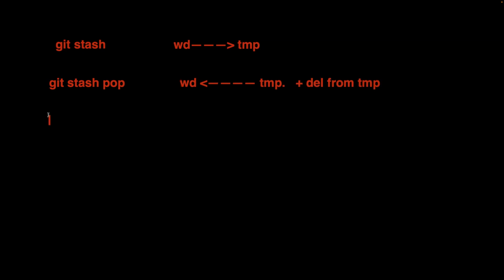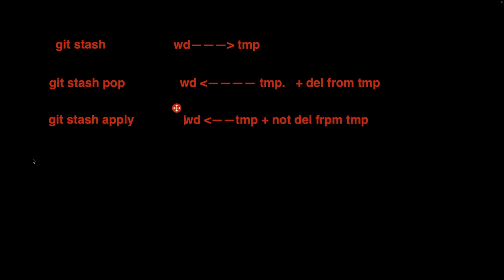That's pop. Git stash apply is also similar: it gets changes to the working directory but keeps them in the temporary shelves, so it will not delete from the temporary stash.